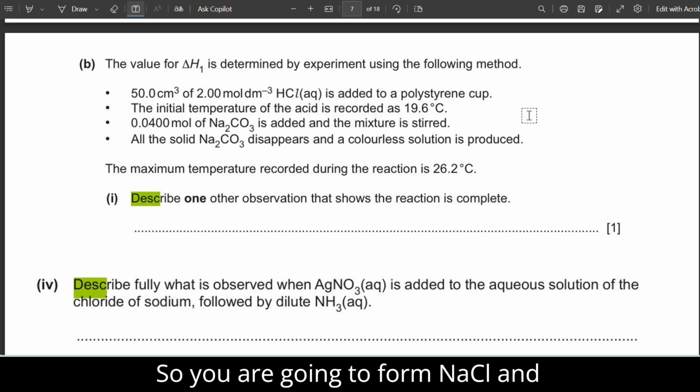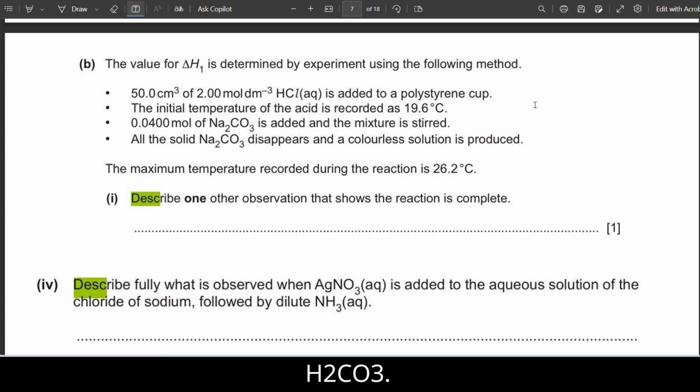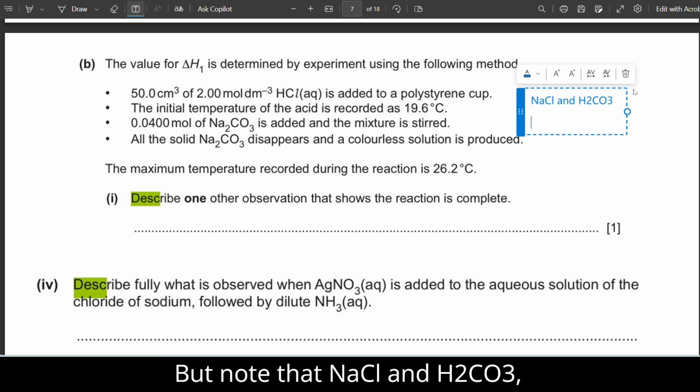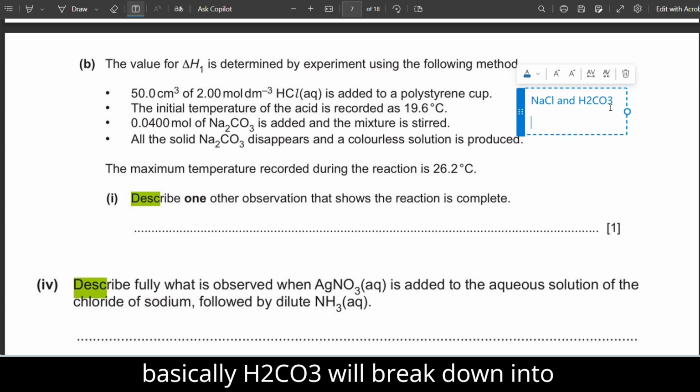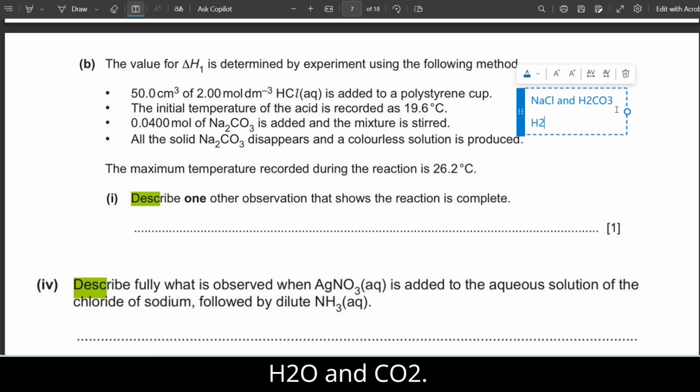So you are going to form NaCl and H2CO3. But note that H2CO3 will break down into H2O and CO2.